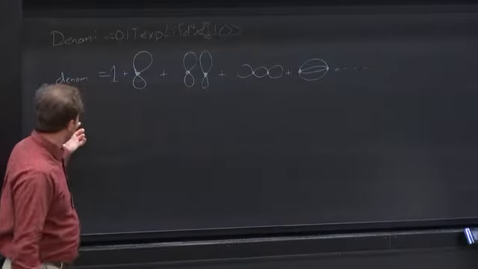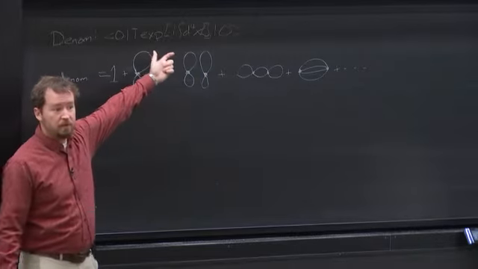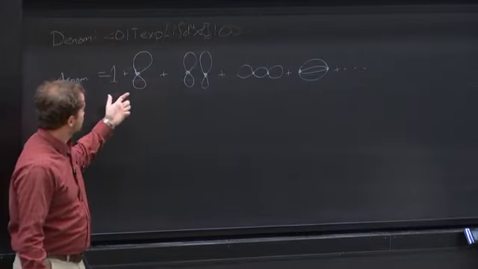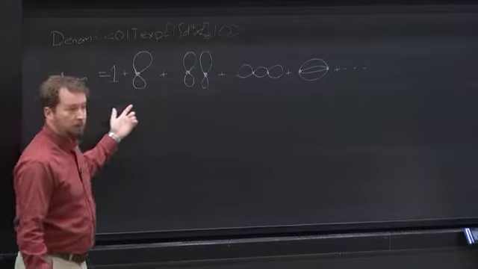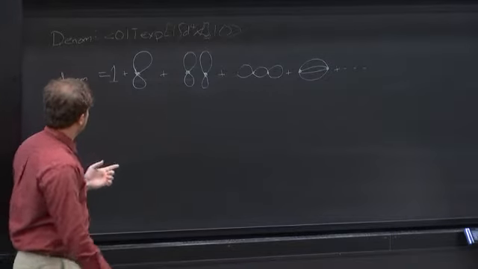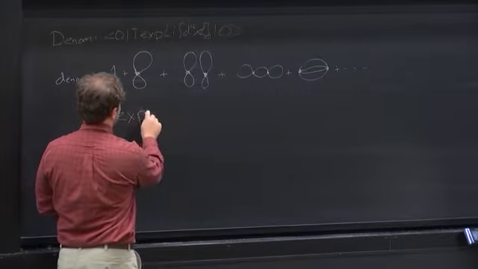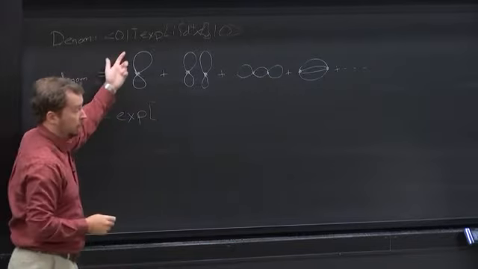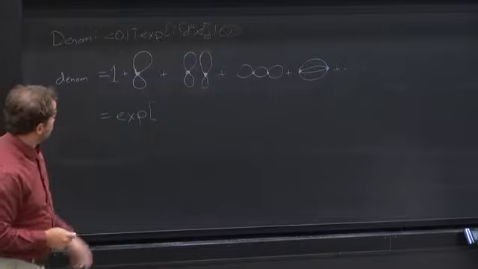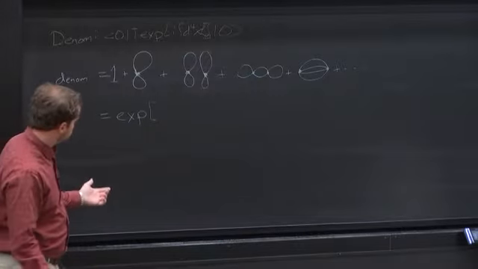And the denominator came from an expansion of the exponential. It's reasonable to guess that there's some way we could write this as an exponential of something, expanding an exponential, writing the exponential in a different way.